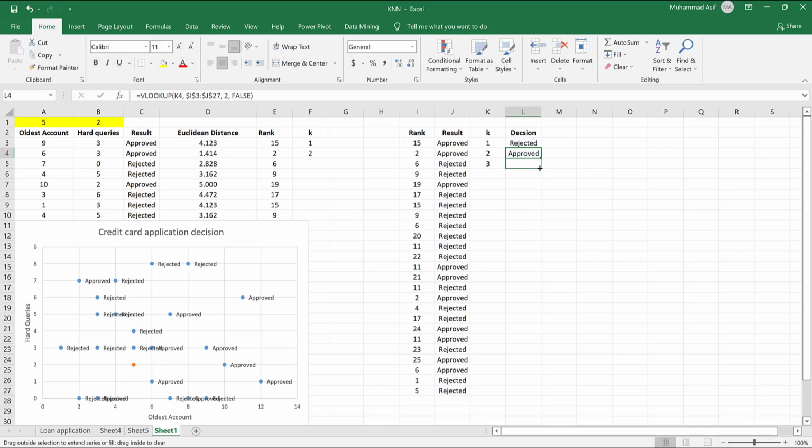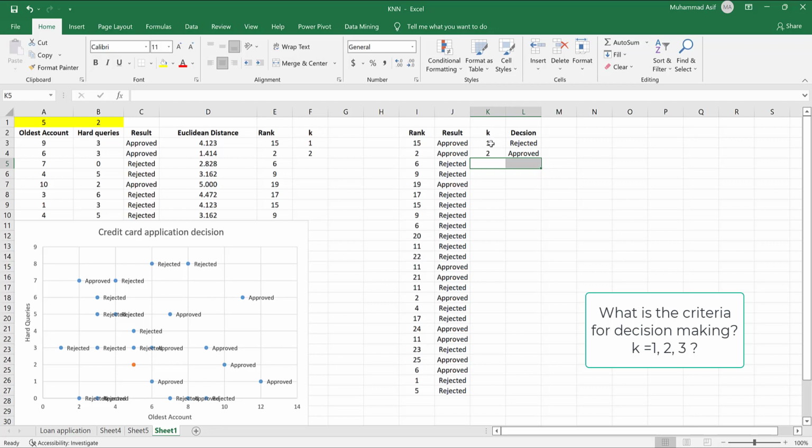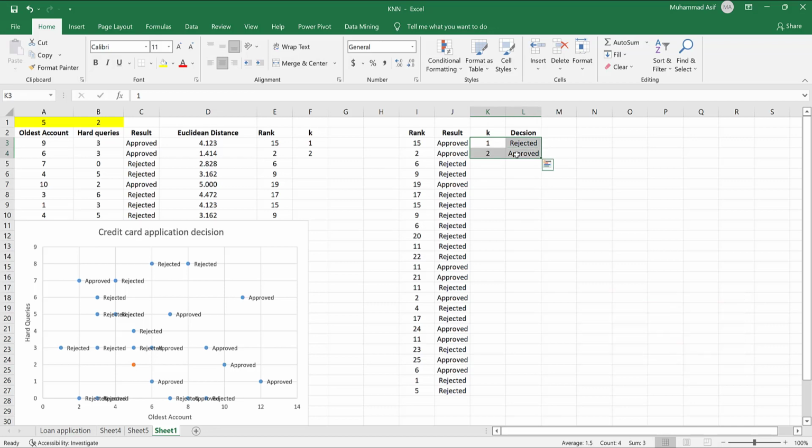Okay, so in this type of situation, your final decision will be determined by your criteria, whether to compare with one closest neighbor or two closest neighbors. If it was one closest neighbor, your decision is rejected. If it was two closest neighbors, then it's a tie, and in that case the manager can use his discretion to make a decision.